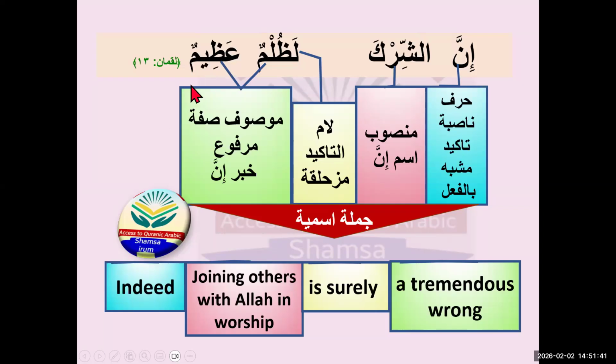It means we will not say only a wrong, we say a tremendous wrong. It's not a normal big, it's a very big wrong, because it is on a fa'il pattern, so you have to exaggerate it. That's why there are three types of emphasis in this part of the ayah as well.